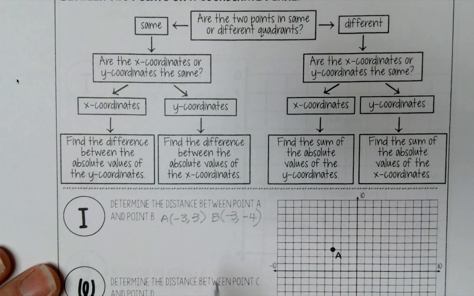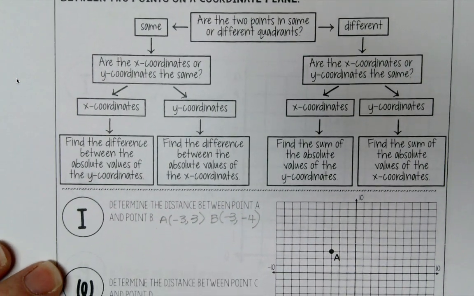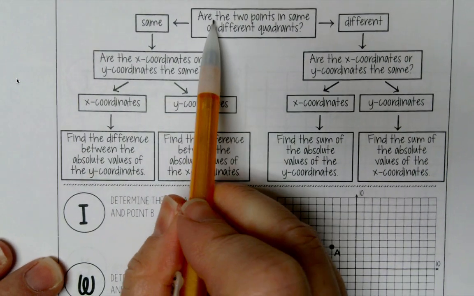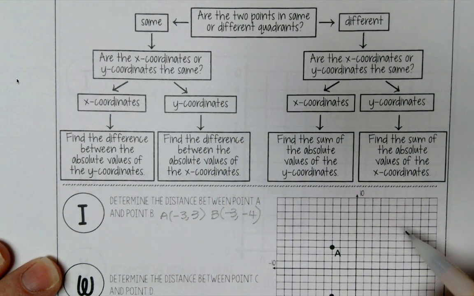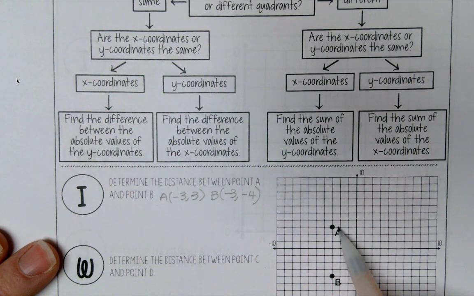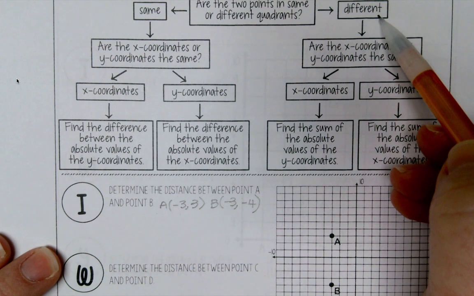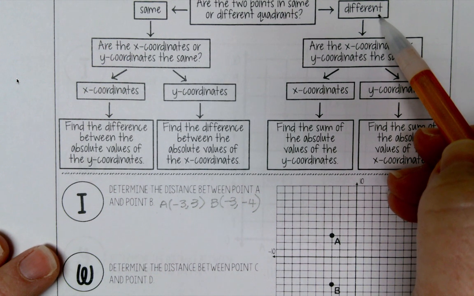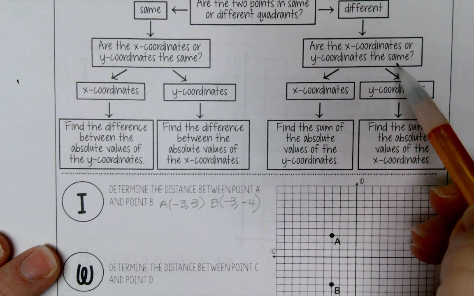Okay. Now we're going to use our flow chart. Here we go. The first question is, are the 2 points in the same or different quadrant? Well, quadrant 1, quadrant 2, quadrant 3. So they are not in the same quadrant, and so our answer is different. They are different. Then the next question is, are the x coordinates or y coordinates the same?